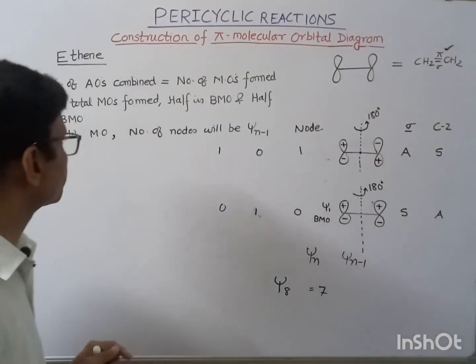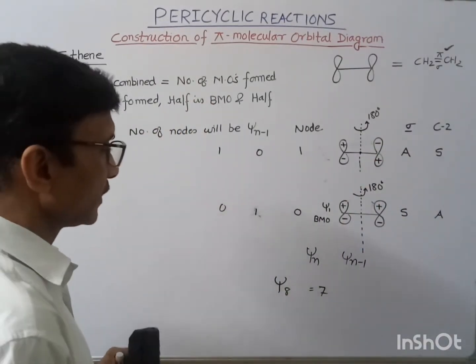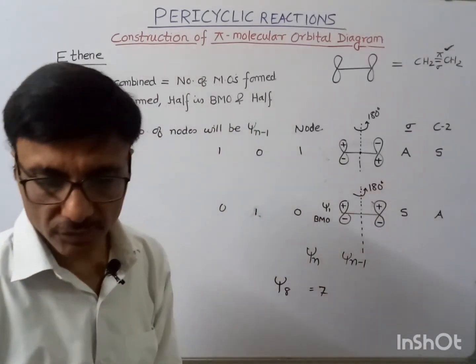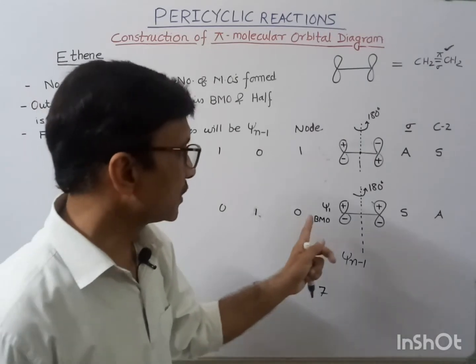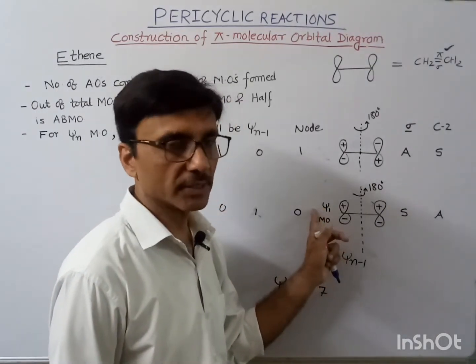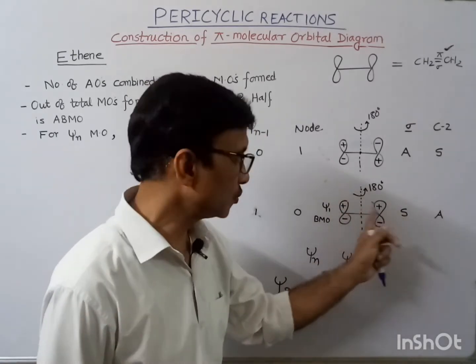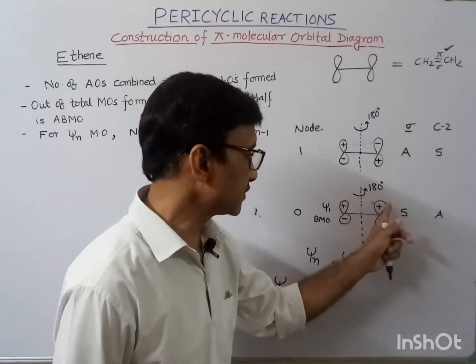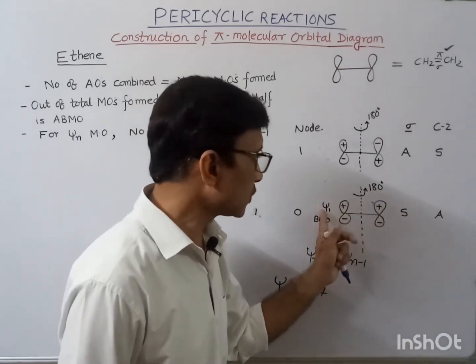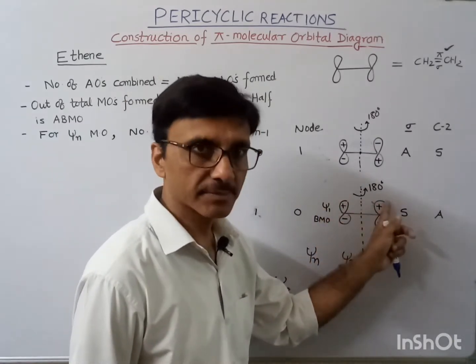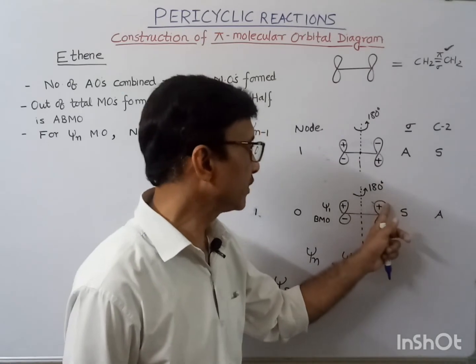Okay, so another thing that you will see: first, for odd molecular orbitals, always for odd molecular orbitals, the end orbital, here only two orbitals are present over here. So for odd molecular orbitals, the end orbitals will have the same sign, that is positive sign.